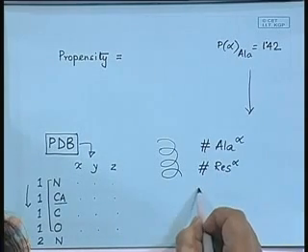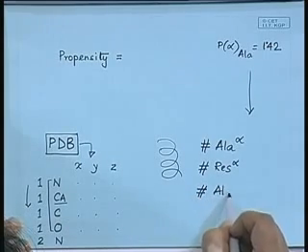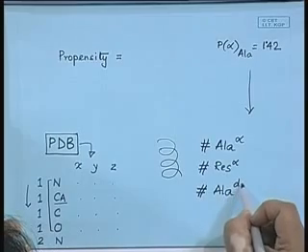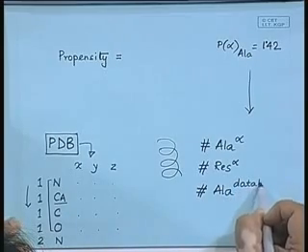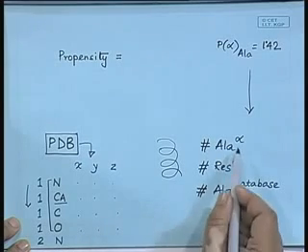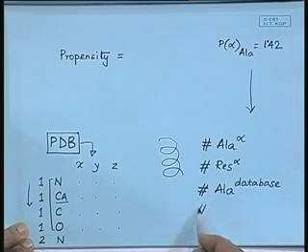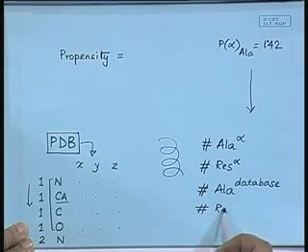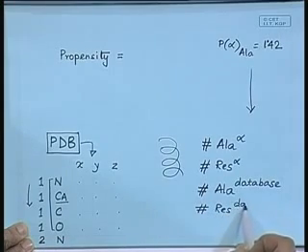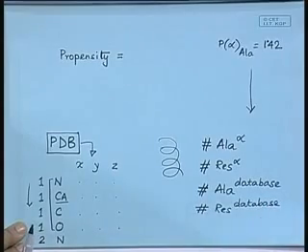Then you count the number of alanine in the database, including the ones in the alpha. So you calculate all the alanines that are there. You calculate the number of residues that are there in the database, whichever database you are using.